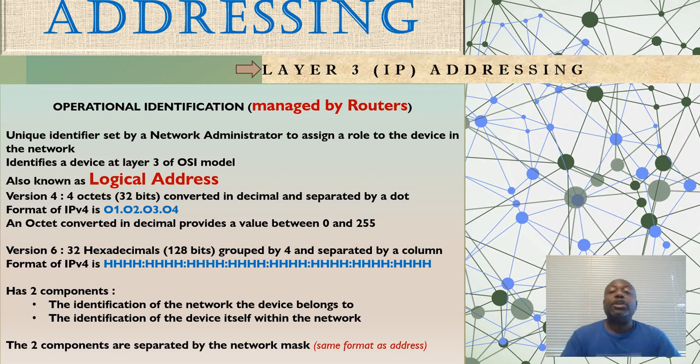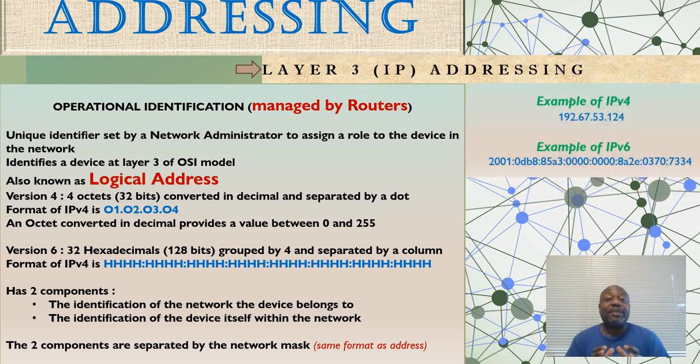But let us take some examples so that we see what these addresses look like. An IP address version 4 is going to be like 192.67.53.124. You can see we have 4 numbers, which are the 4 octets of the IP address version 4.